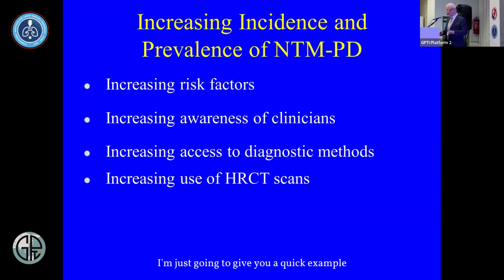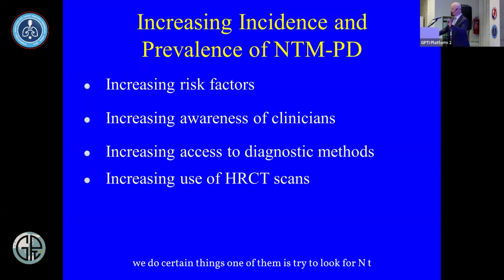I'm just going to give you a quick example about increasing awareness of the clinician. We treat people who have what we call recurrent bronchial sepsis. Part of it is bronchiectasis. Before, we have been using low-dose macrolide for those patients. And before we start the macrolide, we do certain things.